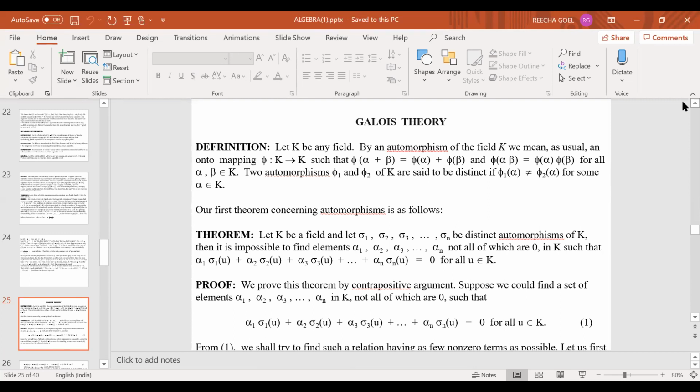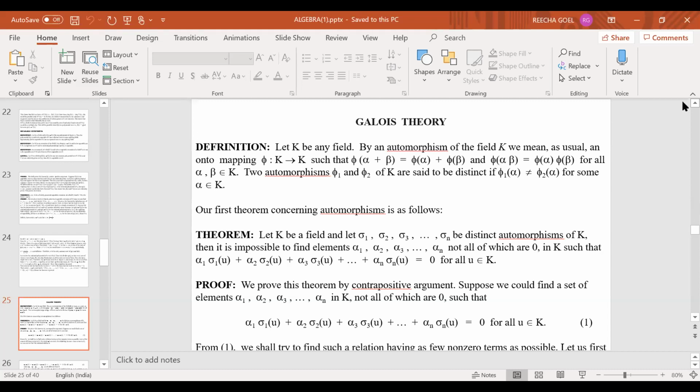And we say two automorphisms, phi 1 and phi 2, are distinct provided they differ at some element, that is, there exists some element alpha in K such that phi 1 of alpha is not equal to phi 2 of alpha. Now this concept of automorphism is going to play the central role in the development of Galois theory.